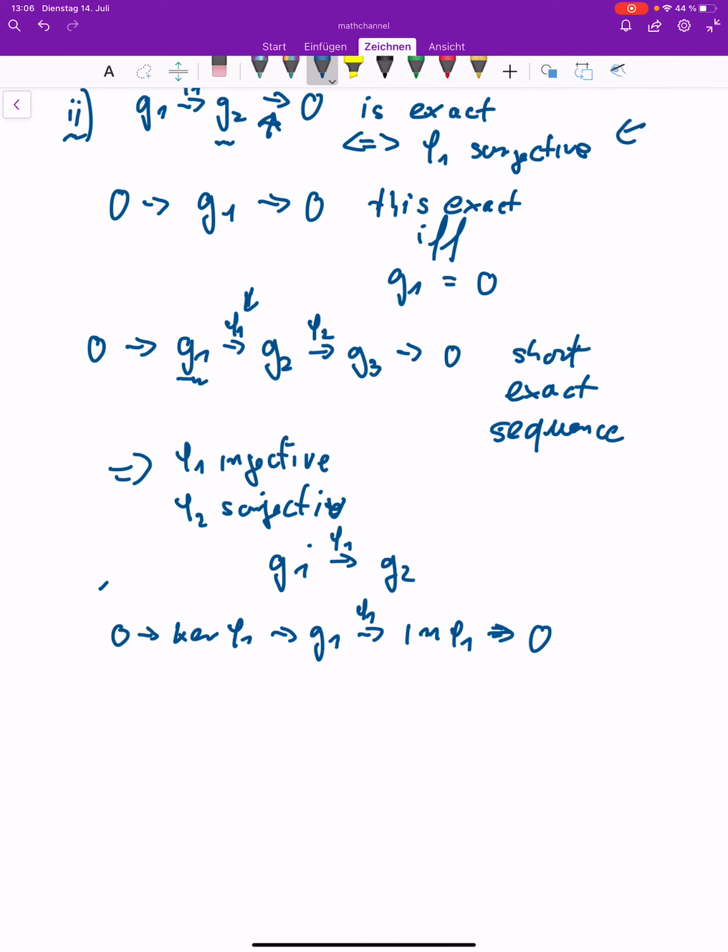And well, you see that this is an example. You could say an artificial or dumb example of a short exact sequence, but it is actually a type of example that we will use. And well, you can construct a similar example.